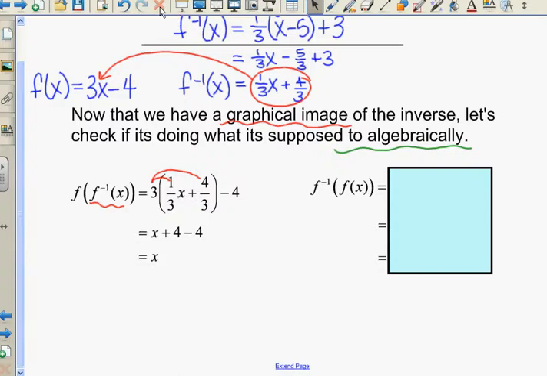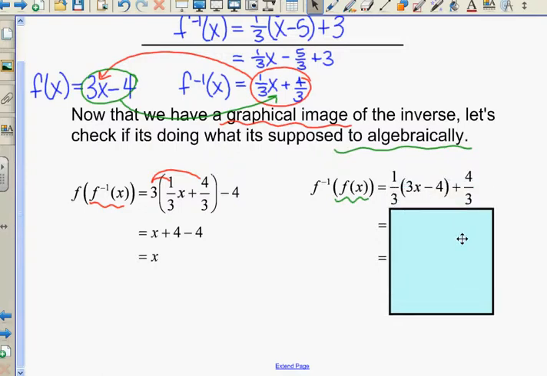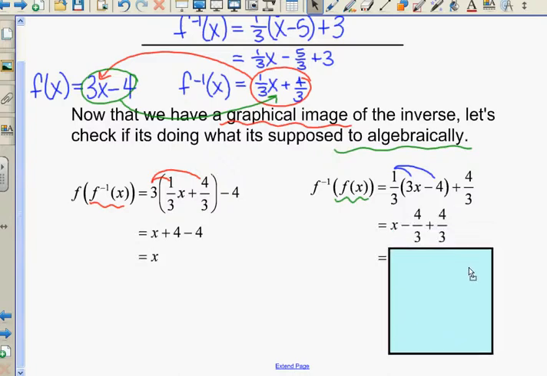Okay, so now let's check it the other way. What if instead of putting f inverse inside, I take f and put it inside f inverse? That's this one, regular function inside of its inverse. So now I've got the fraction function on the outside, and inside of it I've got the original 3x minus 4. Again, just distribute that out. So 1/3 times 3x is just 1x. 1/3 times negative 4 is negative 4/3.